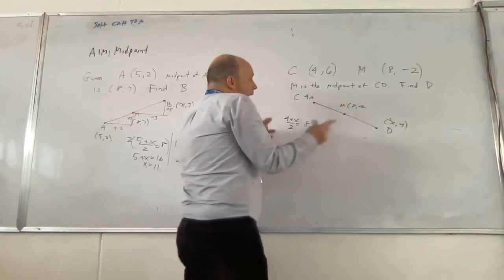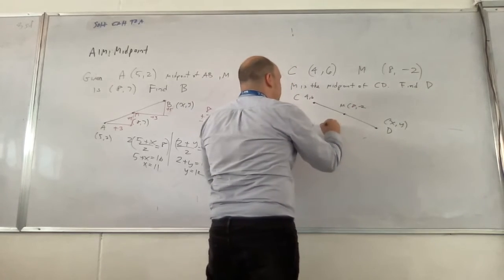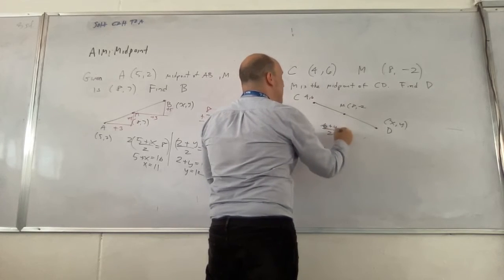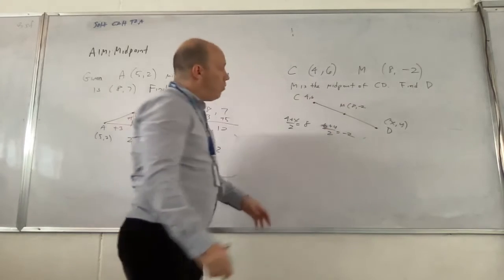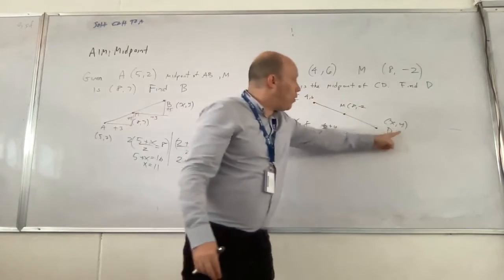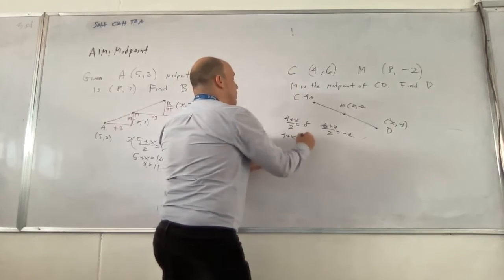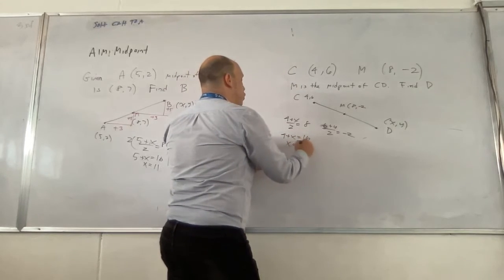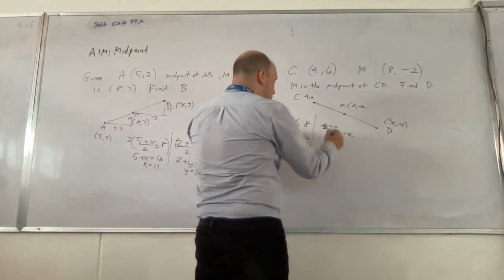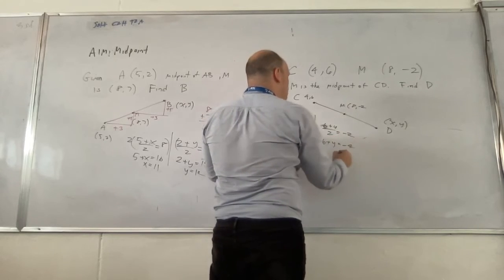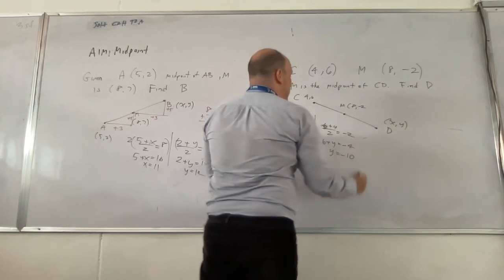And I know the average of the y's, 6 plus y divided by 2, is -2. Somewhere between 6 and some value is -2. Algebraically, 4 plus x equals 16, x equals 12. Over here, I have 6 plus y equals -4, y equals -10.